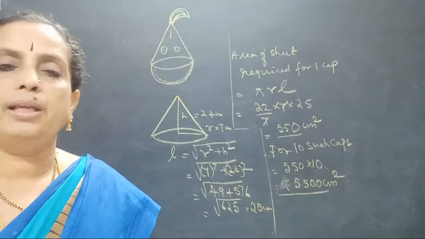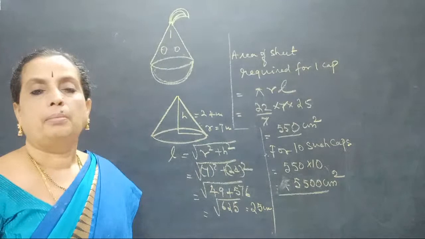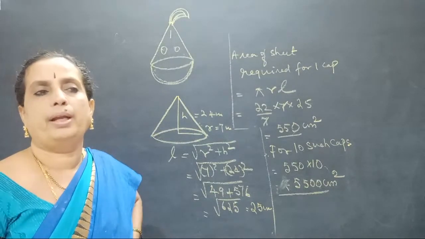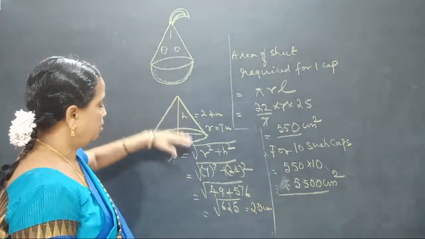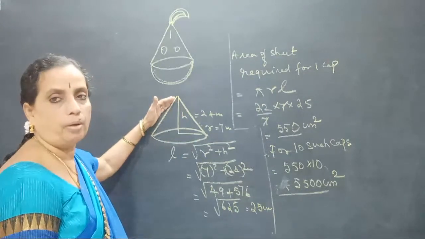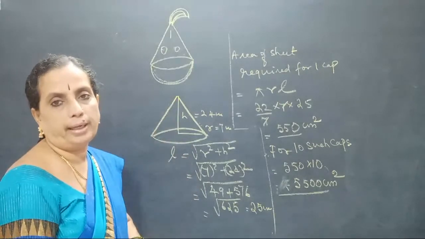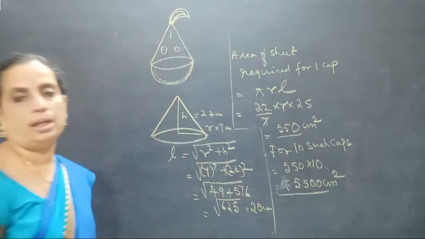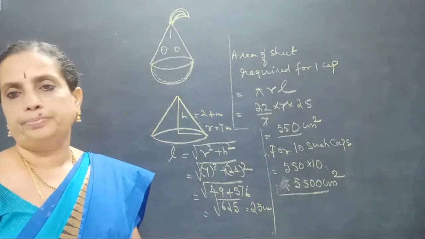You can try a joker's cap by folding that in a conical shape. There you will get why we are considering only the top, not the base, because it has an open part to hold it on the head. Is it clear? Like a lampshade, it is open at both the top and the bottom.